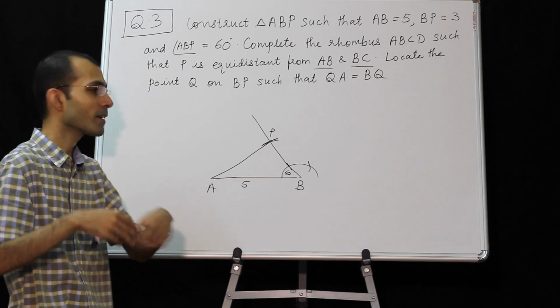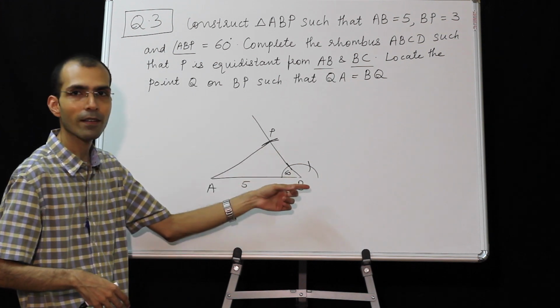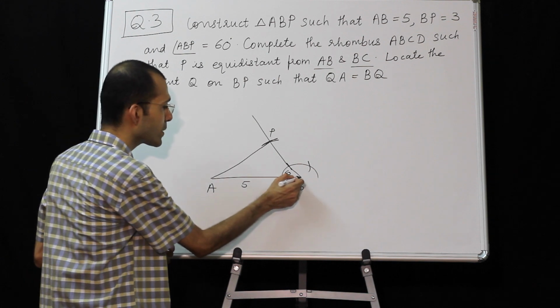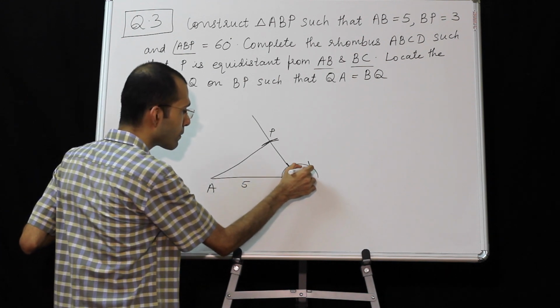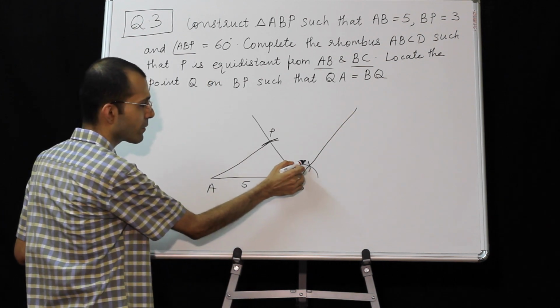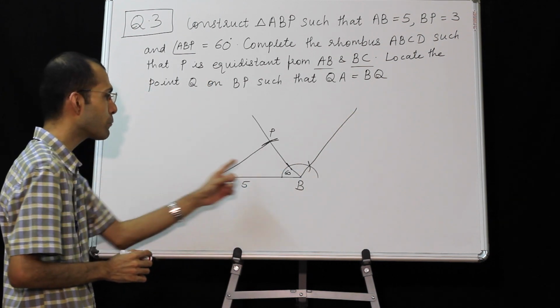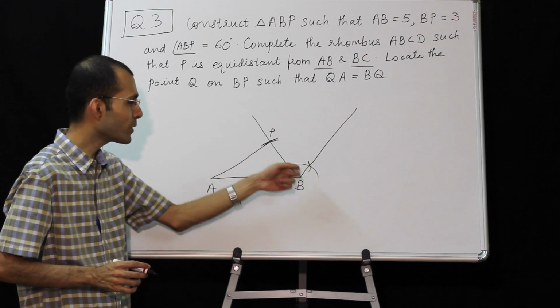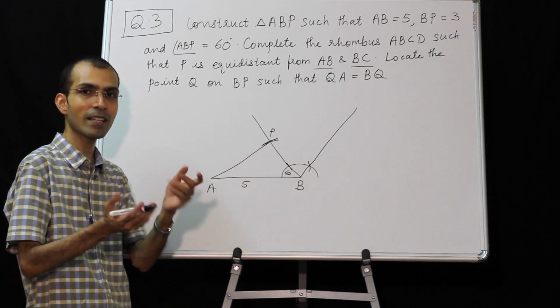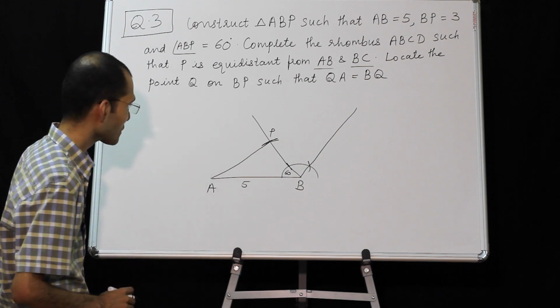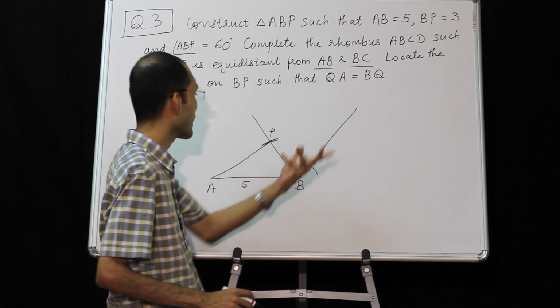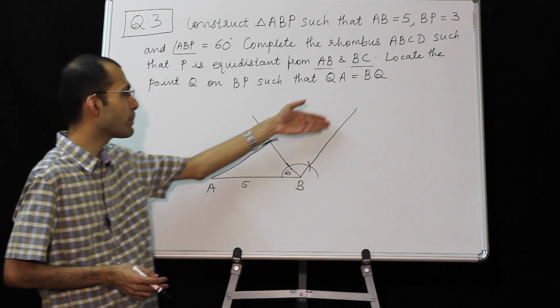So reverse thinking: BP is already drawn, and this is how much? Angle 60 degrees. So we will have to join this, because this was the 120 degree arc. We will have to draw 120 degrees so that this 60 degree acts as the angle bisector. So it's reverse thinking. Now the question arises, where would be point C?